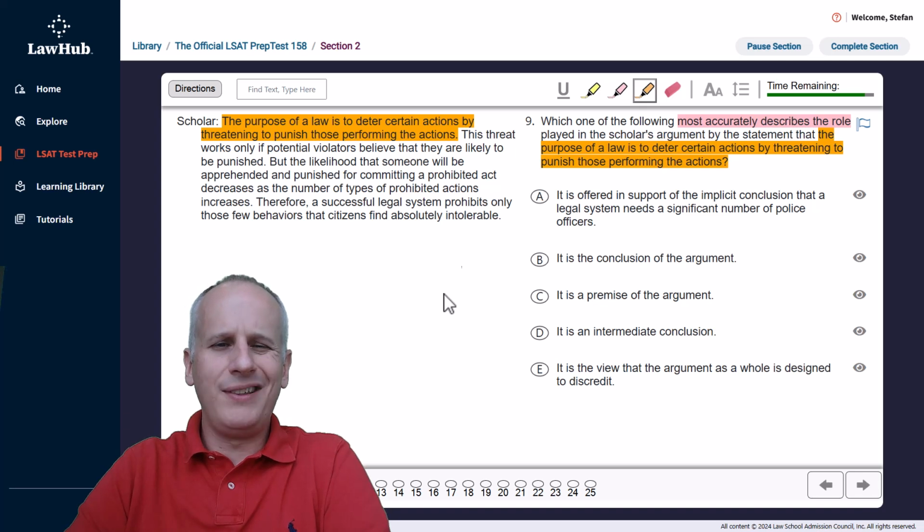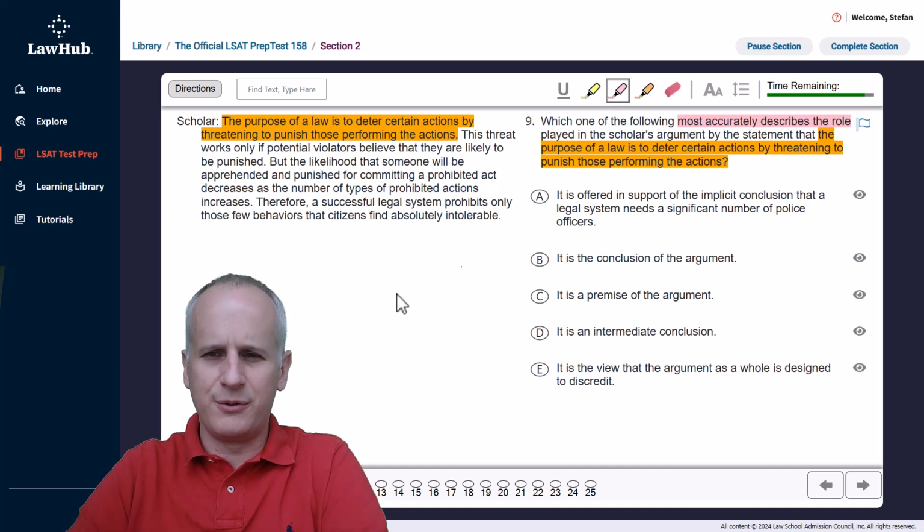Then, but the likelihood that someone will be apprehended and punished for committing a prohibited act decreases as the number of types of prohibited actions increases. Therefore, here's probably our conclusion, so we'll switch to the pink. A successful legal system prohibits only those few behaviors that citizens find absolutely intolerable.